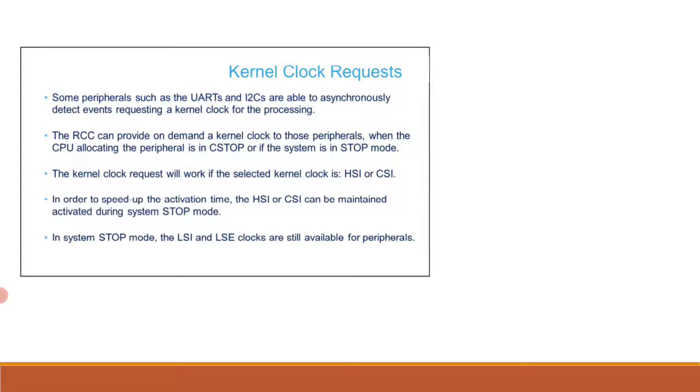The kernel clock request will work if the selected kernel clock is HSI or CSI in order to speed up the activation time. The HSI or CSI can be maintained activated during system stop mode. In system stop mode, the LSI and LSE clocks are still available for peripherals.